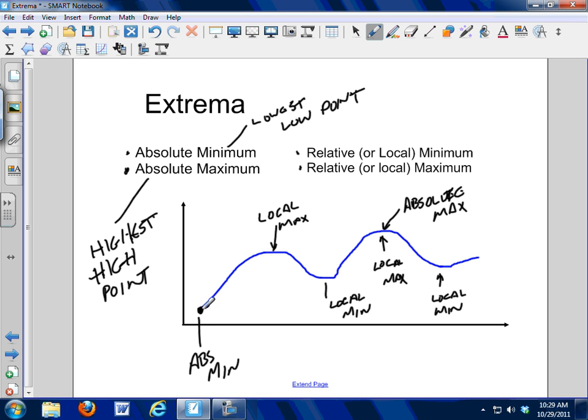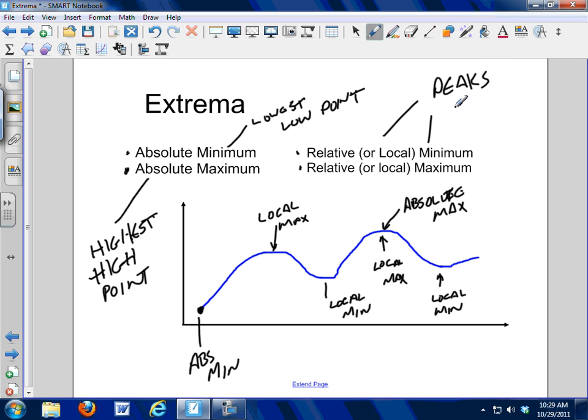My absolute minimum could also be my local minimum, though it doesn't have to be, as you can see here. My absolute maximum could also be a local maximum. In this case it is, but if this thing was extended up here, then my absolute maximum could be there. So they can be the same thing or different.